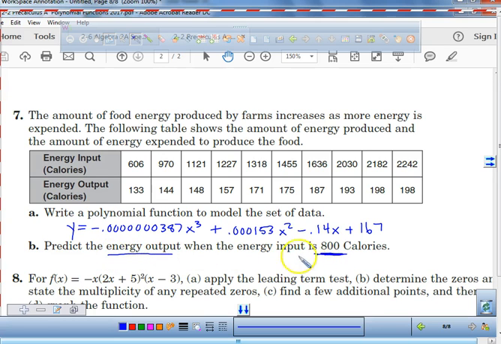Energy output when the input is what? 800. So basically, when the input is 800, somewhere in here. Would you agree that our output should be between 133 and 144? Okay? So if you get an answer between 133 and 144, that's going to be a logical answer.